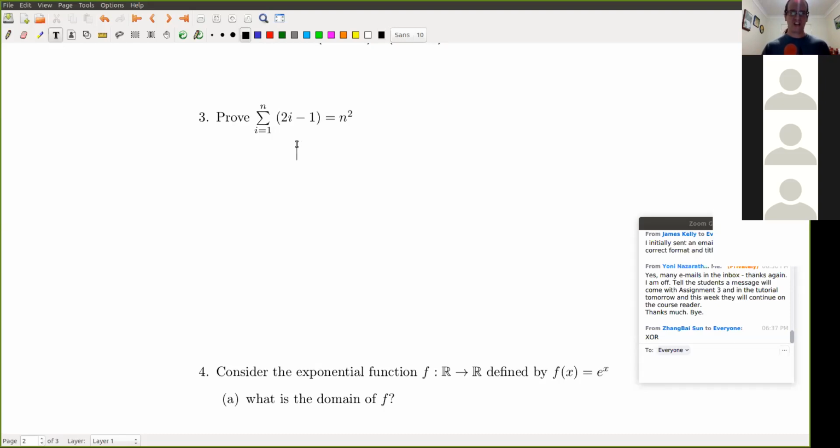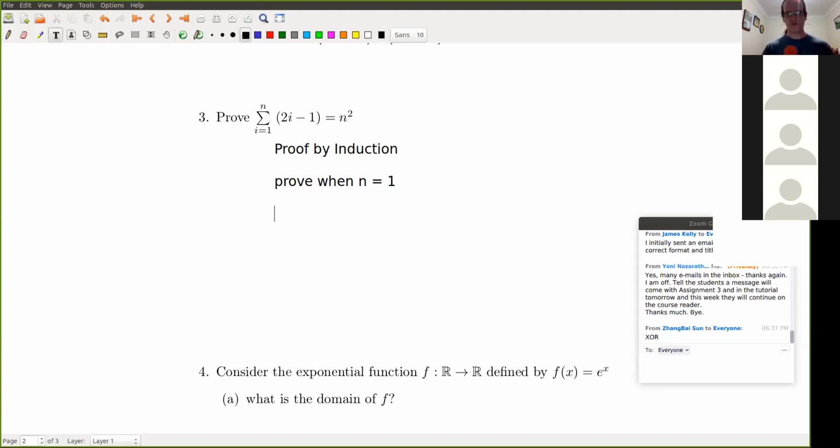Again, I'll do a nice version of this. I'll do a very sketchy, dodgy version here, by induction. So we prove when n equals 1.